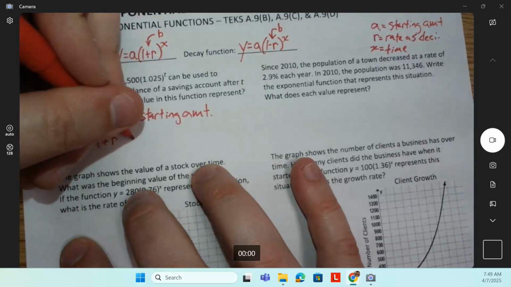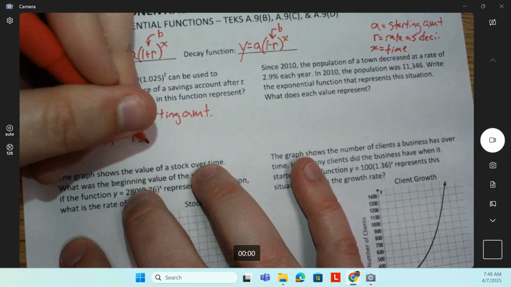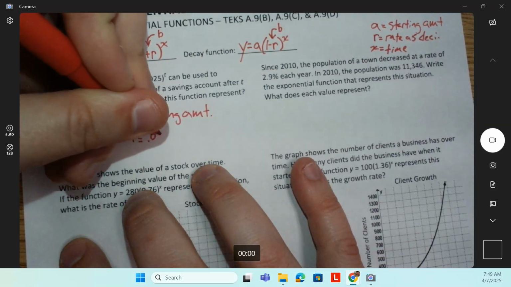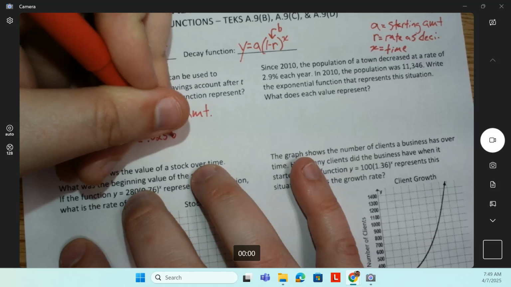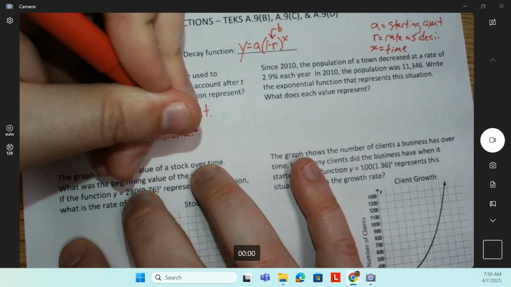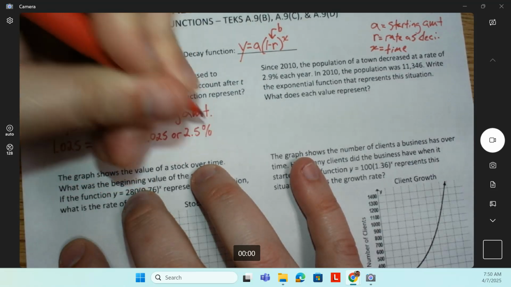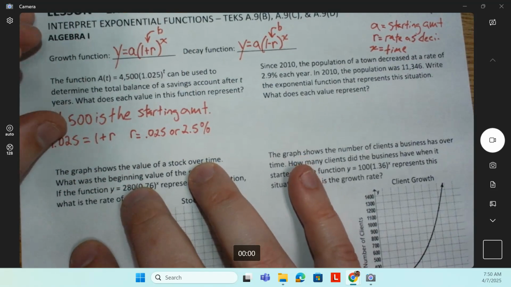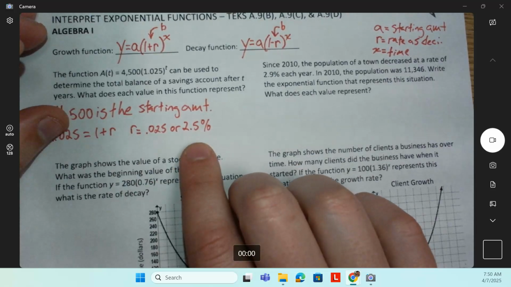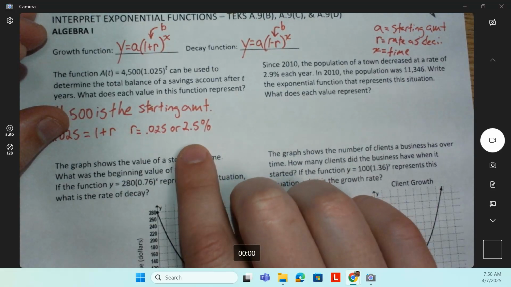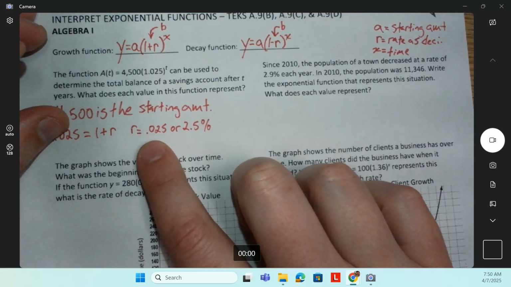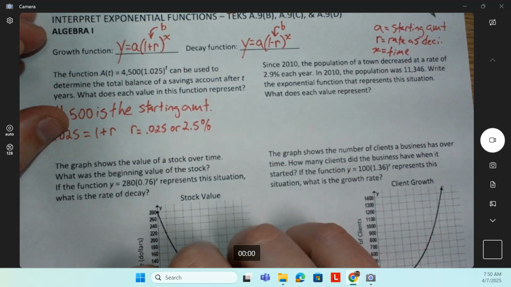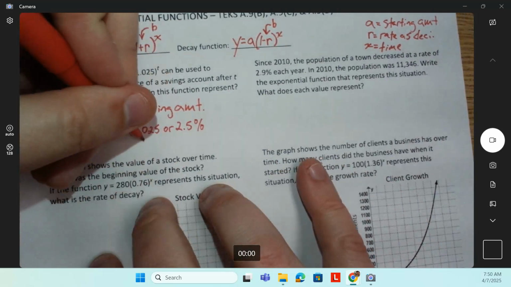That means my rate equals 0.025, or you could write it as 2.5%. So just remember that when we're showing that percent there, that we move the decimal place back to get that rate as a decimal. And so that's the growth rate.